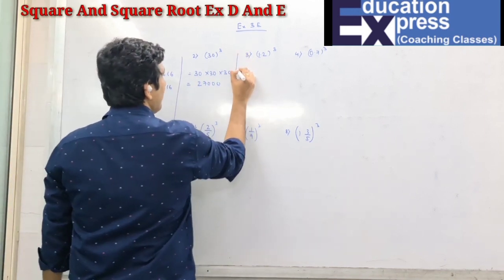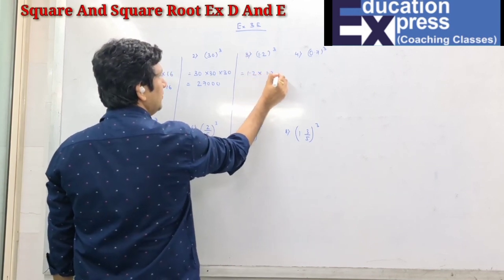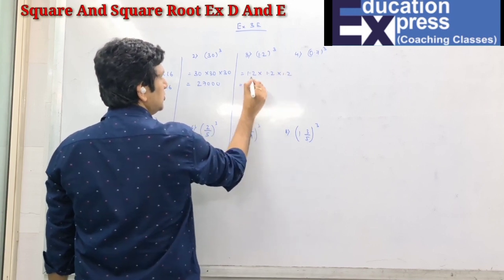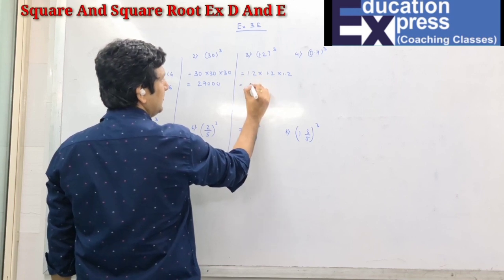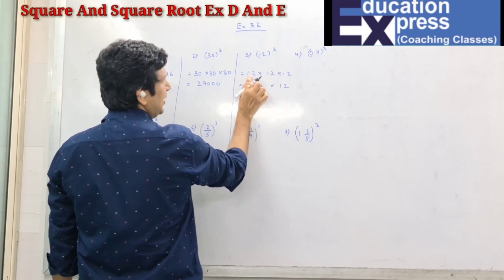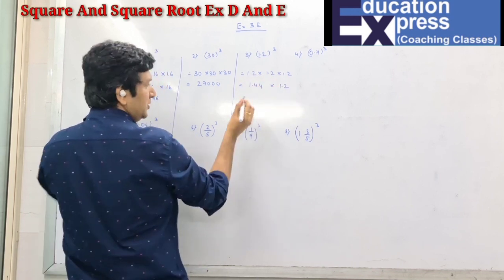Now 1.2 cube is 1.2 into 1.2 into 1.2. So students, first ignoring the decimals, 12 12s are 144, into 12. So obviously in 1.2 into 1.2 there were 2 decimals, 1 and 1, and here 1.